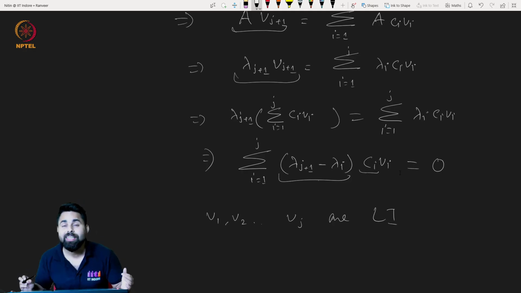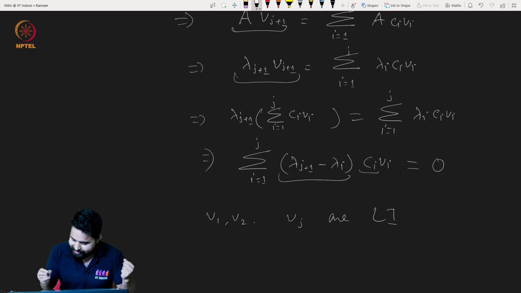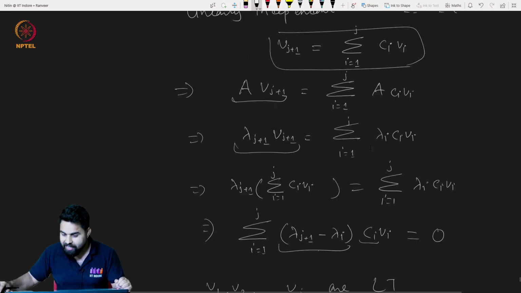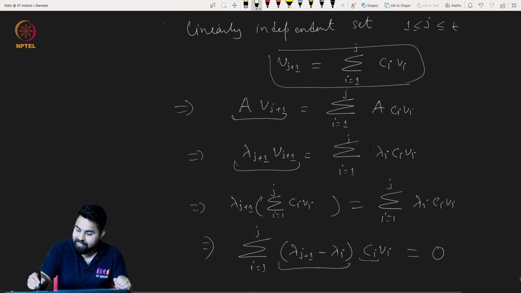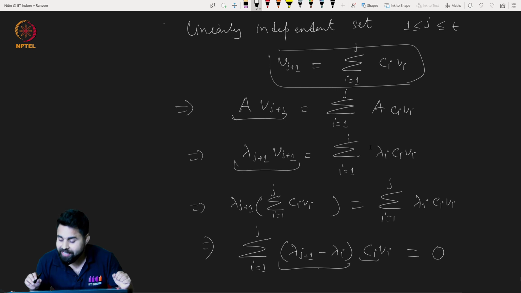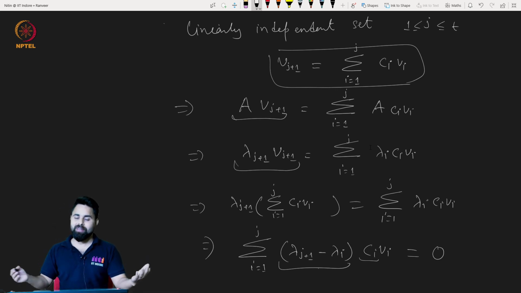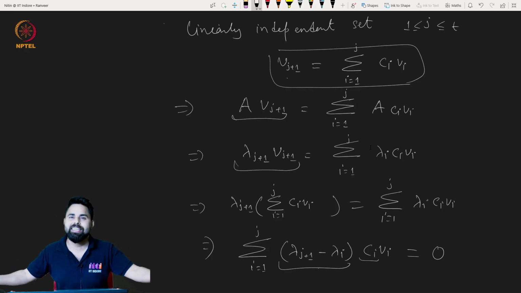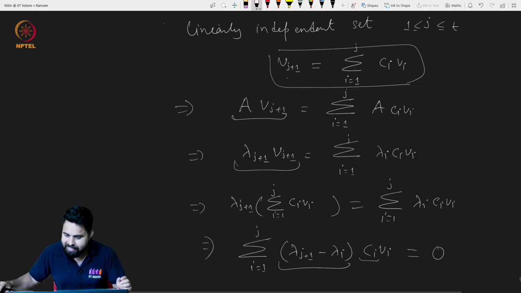So this implies that all c_i's are zeros. But we have written v_{j+1} as a linear combination of all v_i's, so if the c_i's are 0, this implies that v_{j+1} is 0. But this is an eigenvector. This cannot be 0. So this is a contradiction.